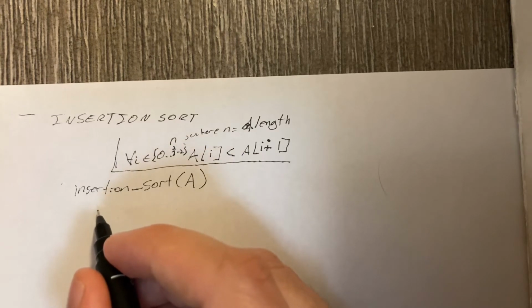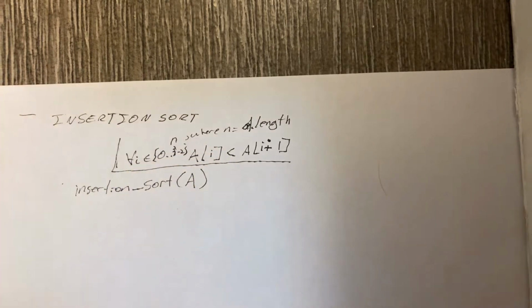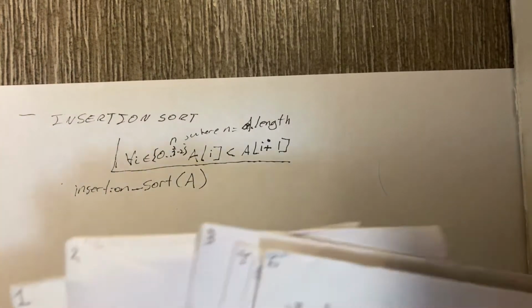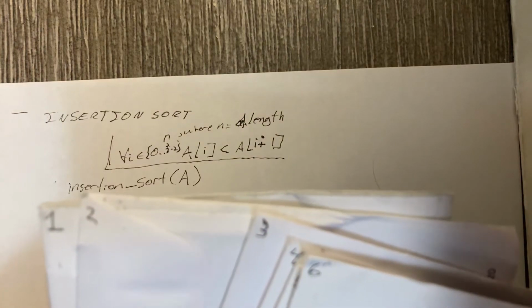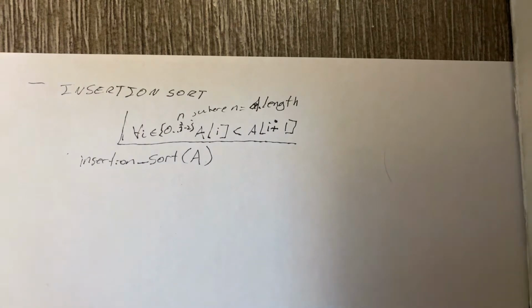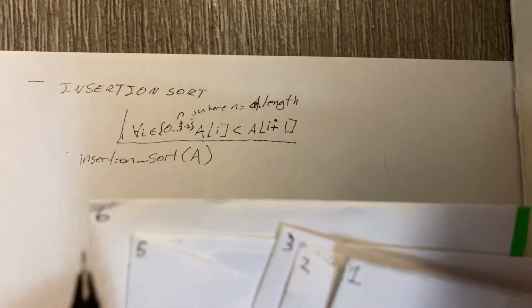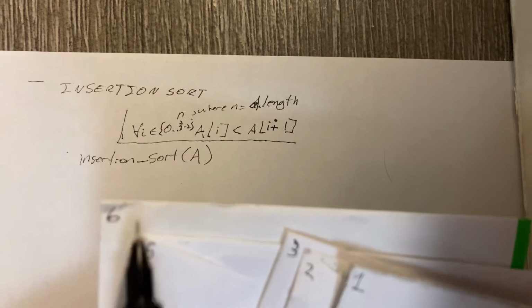So essentially what we're doing is we start with the sorted portion of the array and the unsorted portion of the array. The sorted portion of the array we said was the left side, and the left side is first of length 1.